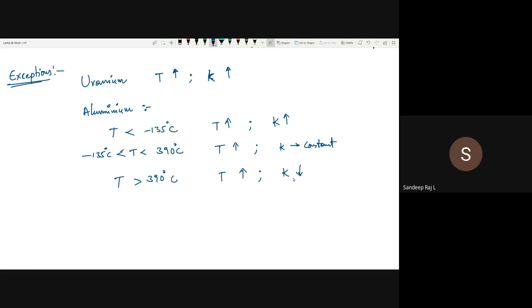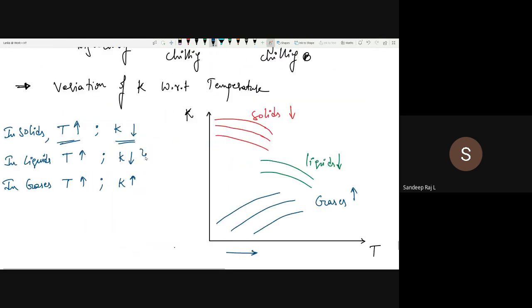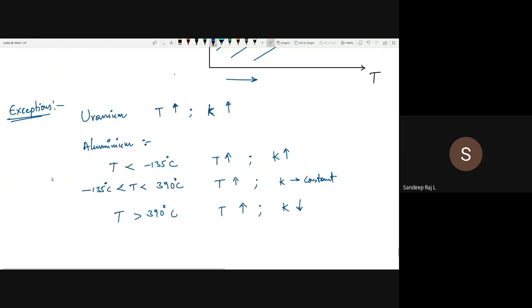So this nature of thermal conductivity decreasing with the increase in temperature will be available in aluminium only above 390 degrees. Below 390 degrees there is a different thermal conductivity variation which you should remember.